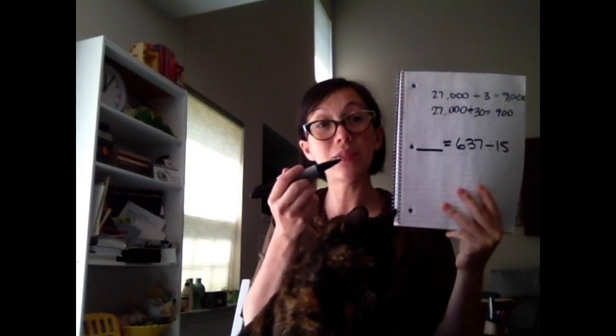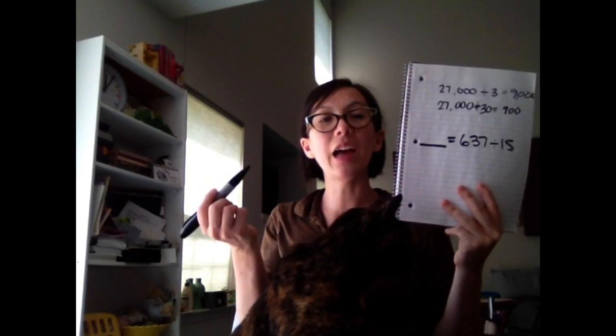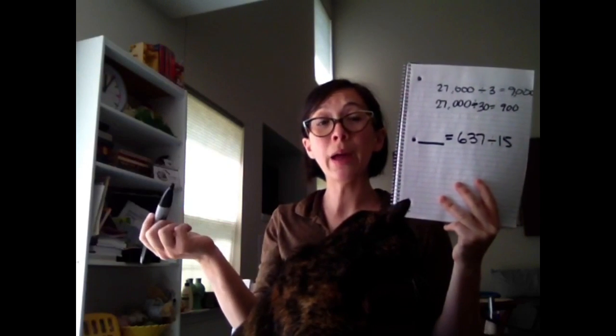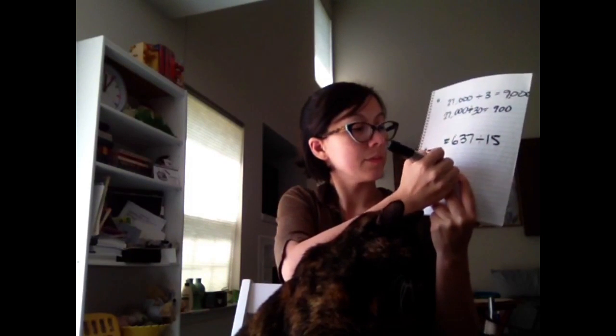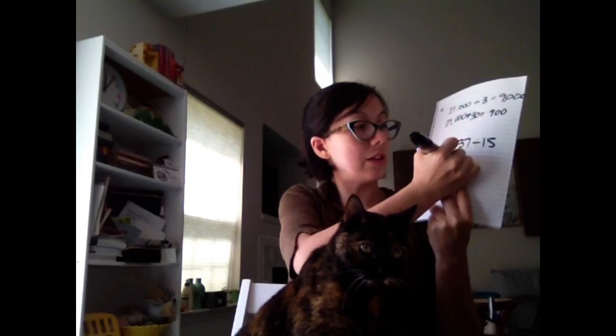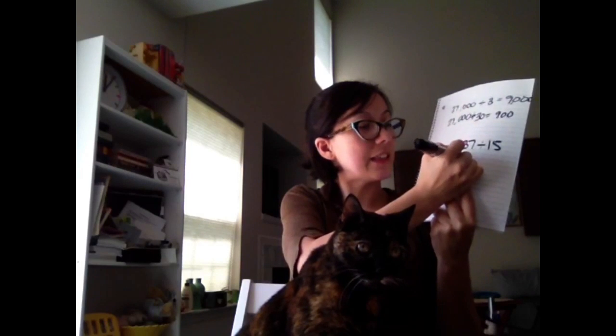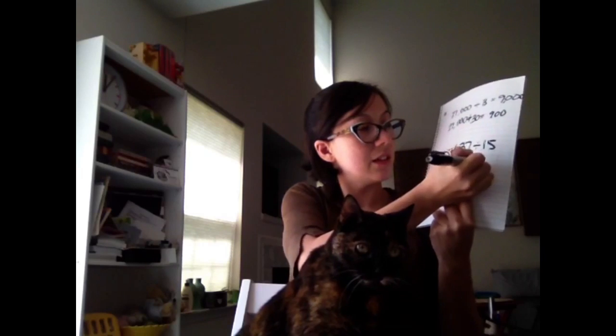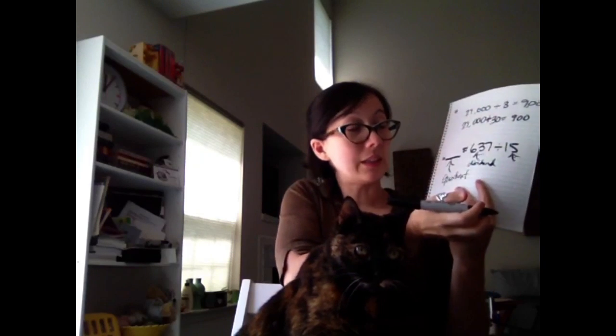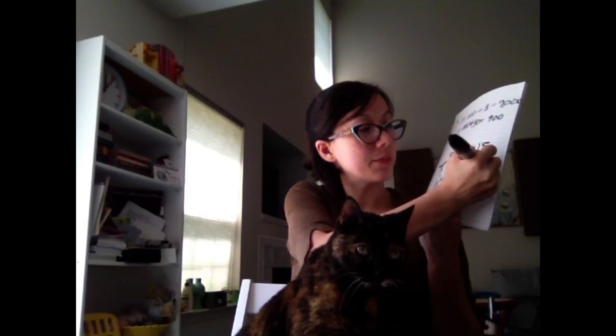That means if I took 637 things and I put 15 into each group, how many groups am I going to get? The number of groups I get is the quotient. I have 637 things. That's the dividend. The amount I'm putting into each group is the divisor.